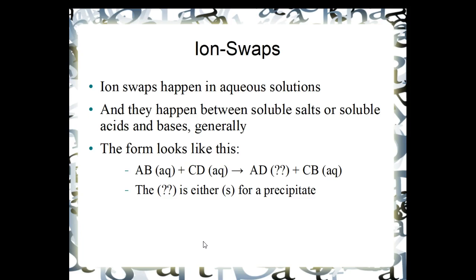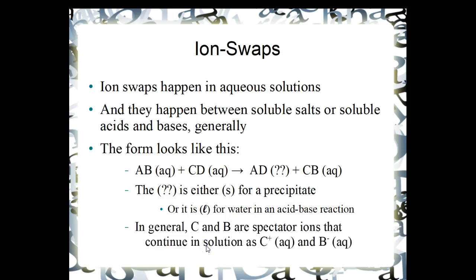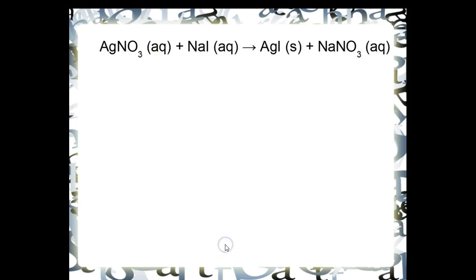The question mark stands either for S, if you're making a precipitate, a solid, or it is an L for water formed in an acid-base reaction. In general, C and B are spectator ions that continue in solution as C with some positive charge aqueous and B with some negative charge aqueous.